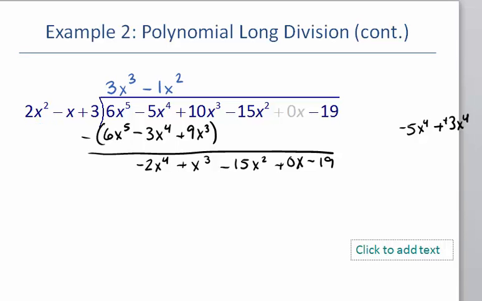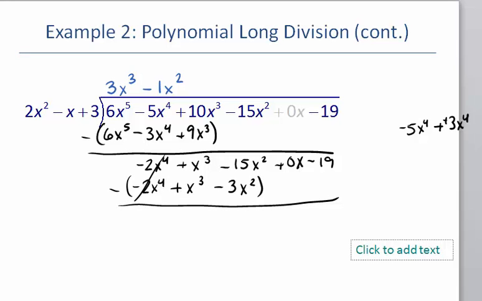So negative x squared times 2x squared would make negative 2x to the 4th. Negative x squared times negative x would make positive x to the 3rd. Negative x squared times 3 would make negative 3x squared. Put it in parentheses and subtract.